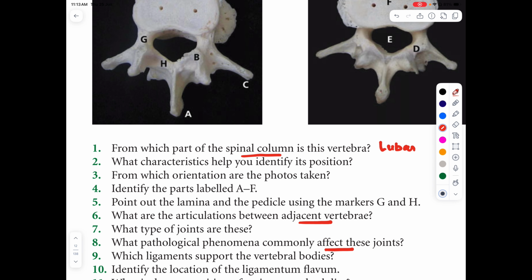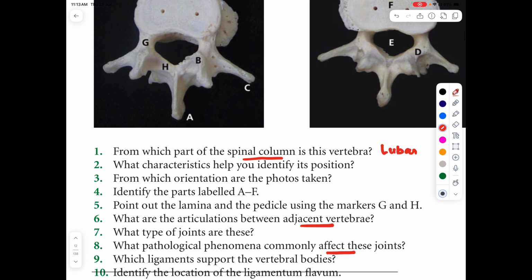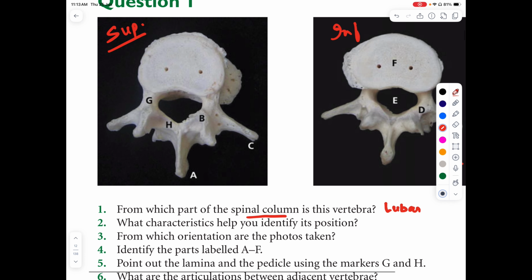Which ligaments support the vertebral bodies? Now the vertebral bodies, this is the question. Then which ligaments support the vertebral bodies? So each vertebral body is strengthened by the anterior ligament on the anterior side and a ligament on the posterior side.